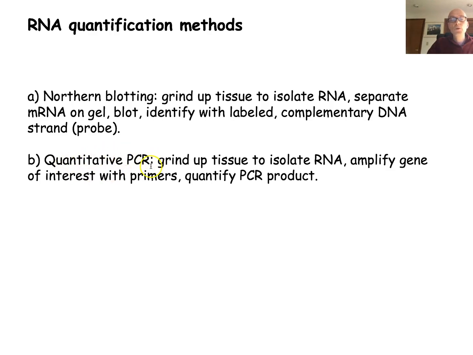Essentially, you grind up your tissue, isolate your RNA, and then do a PCR reaction where you amplify the gene of interest with primers, and you quantify that using a specific machine that can measure exactly how much PCR product is incorporated with every round of PCR.